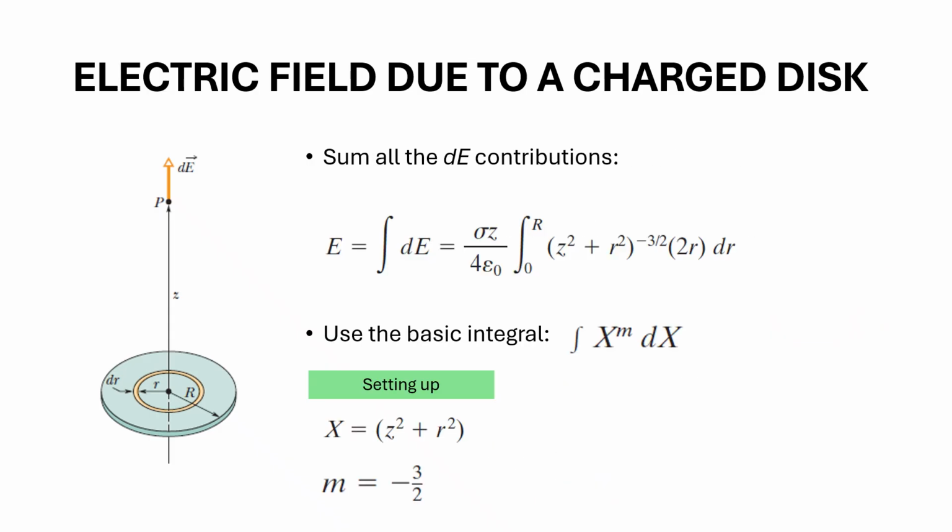Substitute into this electric field equation. So you have electric field as the summation of small electric field produced by this charge element, equal to delta z over 4 epsilon naught.